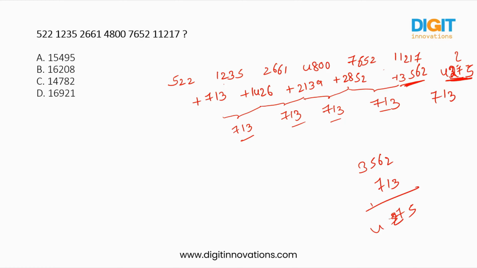And this number should be added here to get this value. So these two numbers should be added to get this value. So 11,217 should be added with 4,075.